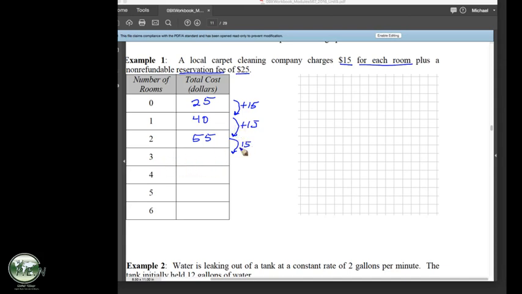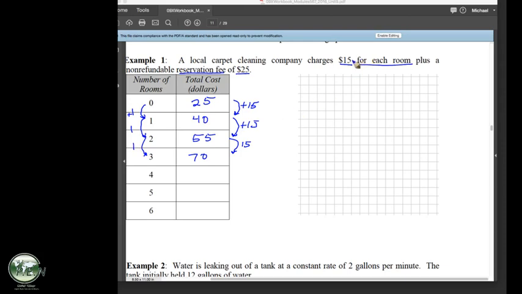We're rising 15. How much are we running? The run, from 0 to 1, is one room. 1 to 2, 1 room, 2 to 3, 1 room.